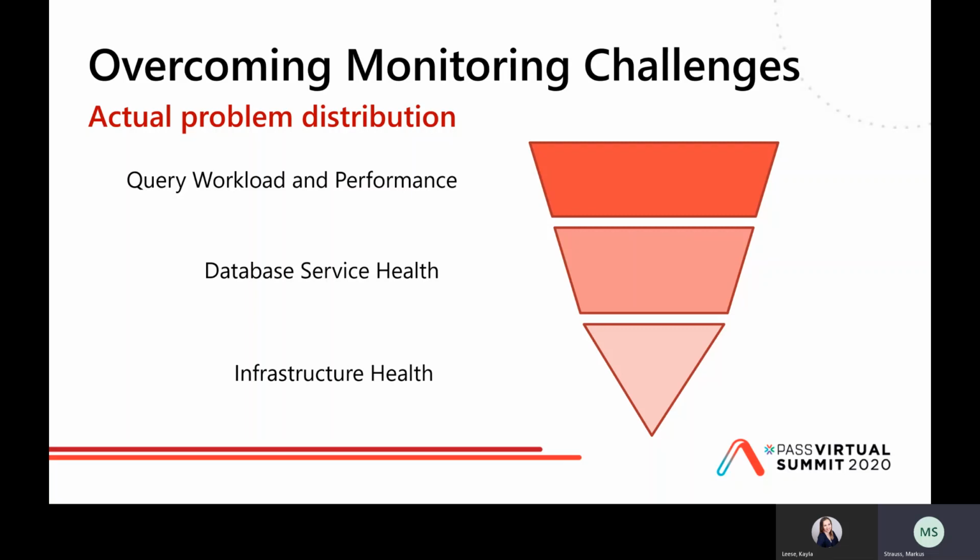and we need to start analyzing all of the metrics that we're collecting from the query workload downward. Unlike what we've done in the past, where all of the monitoring essentially started with the bare bones machine and went into the query workload from there.